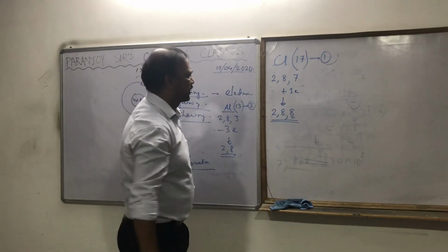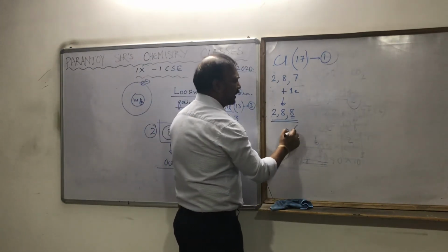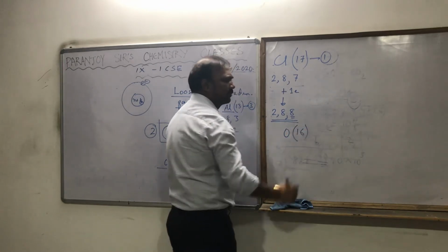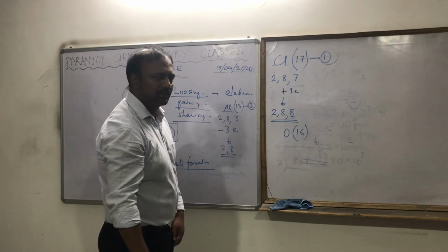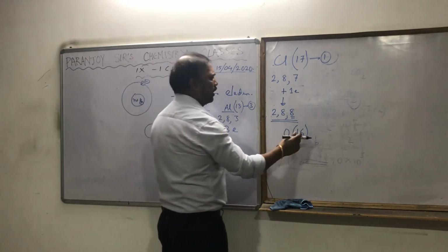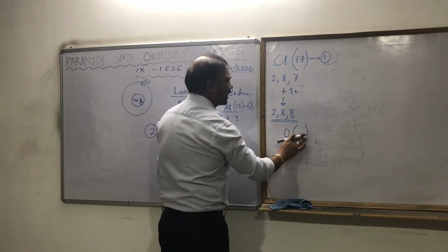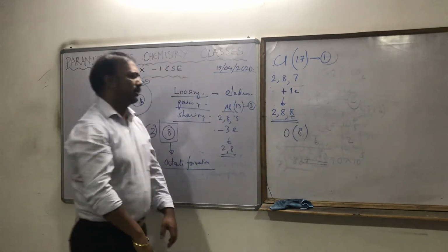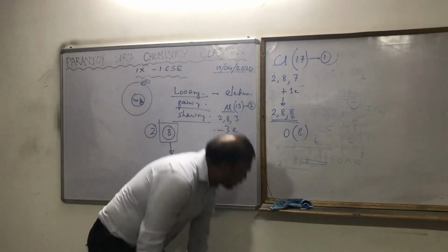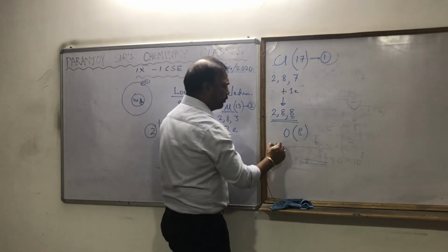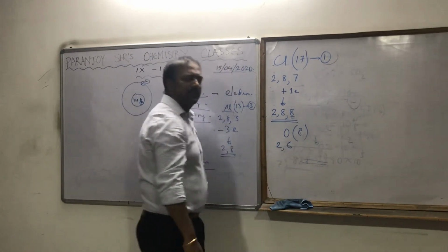Let's talk about oxygen. Okay, oxygen. Sorry, it has got 8 electrons. 8 electrons are there. Now, how are they arranged? 2 and 6. Right?